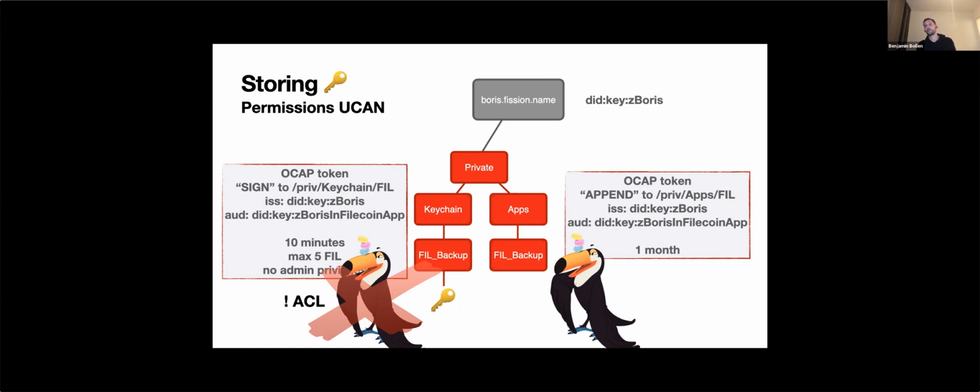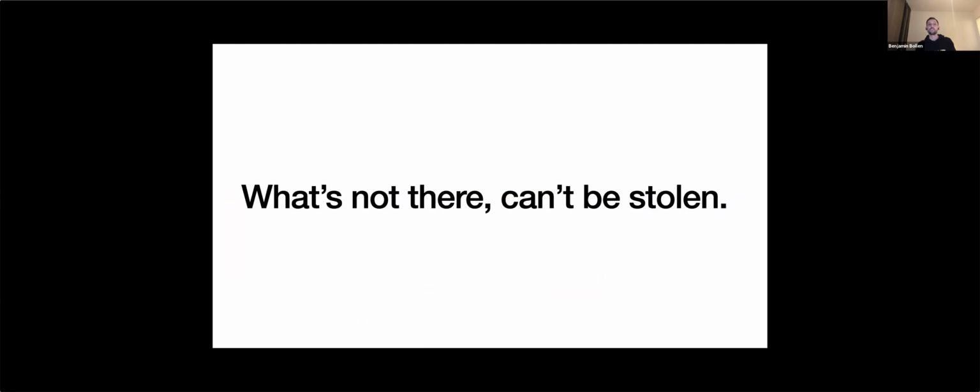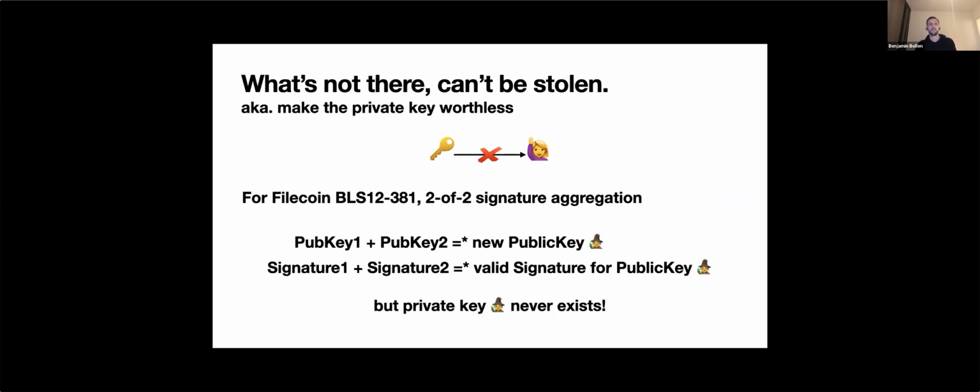So how do we try to solve this? This is the meat of the proposal, and where it's very welcome to try to break it down and help improve it. What we suggest is that what's not there cannot be stolen. Specifically in the case of Filecoin, the most efficient way to achieve that is by using aggregate signatures for the actual account with which you would act on the chain.